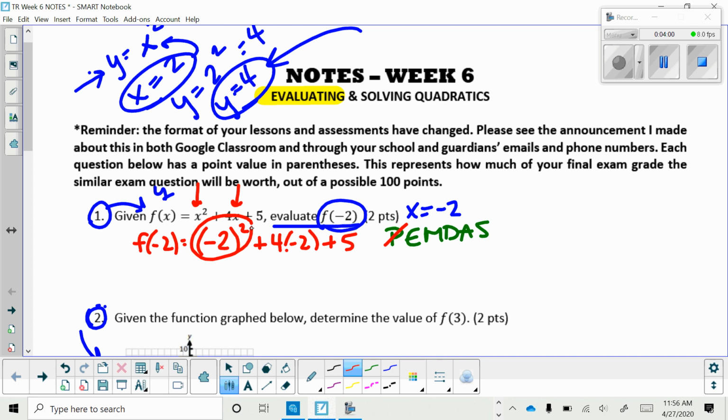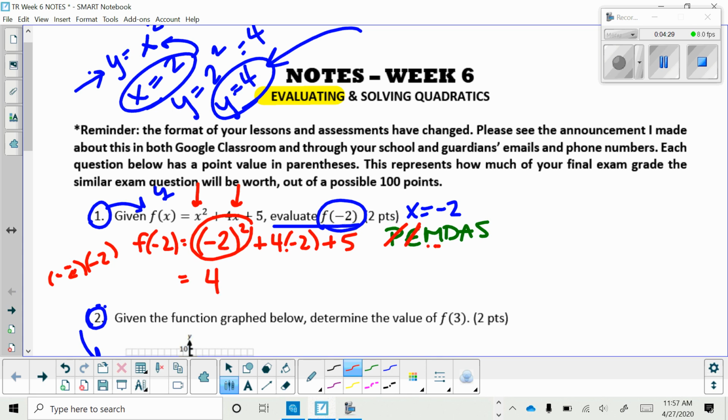Think about what negative 2 parentheses squared means. It means negative 2 times itself. What sign does that give you? It gives you positive, right? So that's a positive 4. The biggest mistake here is to make it a negative 4 because you squared the 2 only. Be sure you're including the negative.